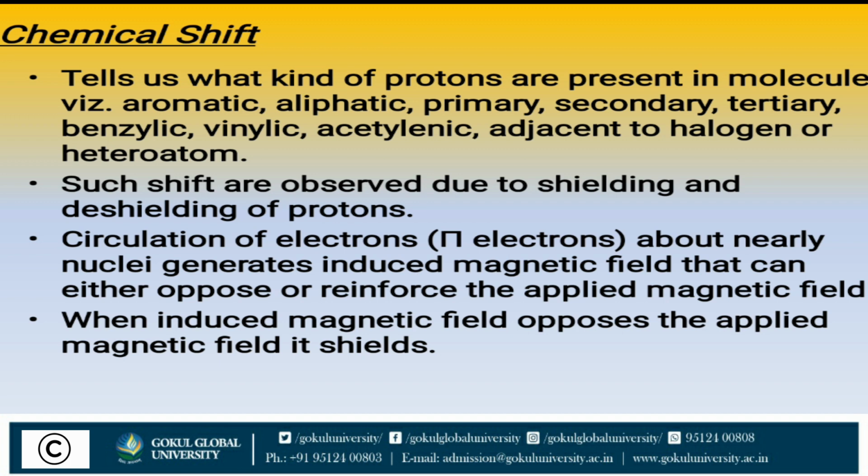Then there is circulation of electrons, meaning pi electrons, about the nearby nuclei. The nucleus has protons and neutrons; the neutron has a neutral charge and the proton has a plus charge. So this generates an induced magnetic field.